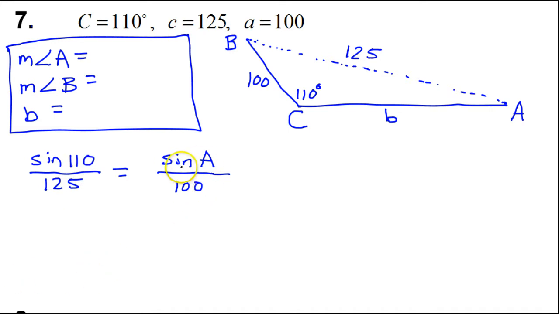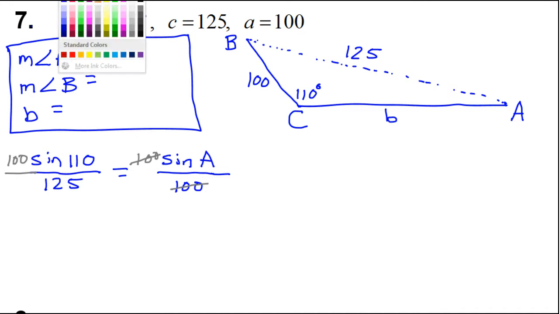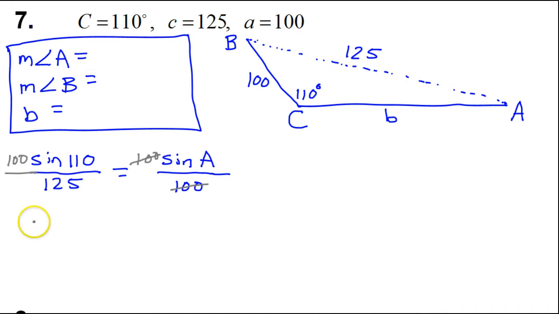Now, in order to get sine A by itself, I'm going to multiply both sides by 100. So I can just put 100 on both sides. Now these 100s will cancel out, leaving sine A. But I don't actually want sine A. Ultimately, I want the measure of angle A. So if I want the actual angle, I need to find the inverse sine of all of this, because the inverse sine is the angle.